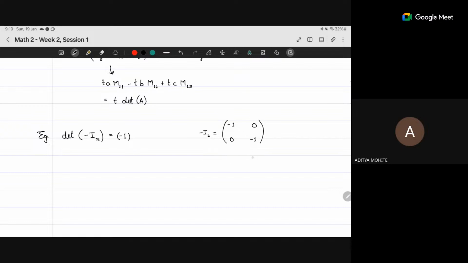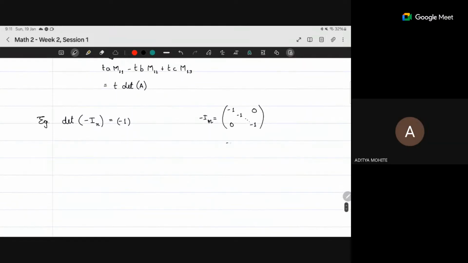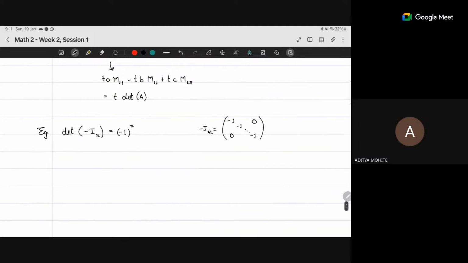Correct. So if I have n many entries on the diagonal, I'll have n many -1s. Those zeros just mean everything else is 0. So I'll have -1 to the power n. And you can actually say more generally, if I have the determinant of tA, what is tA? tA is a matrix obtained by multiplying every element of A by t.